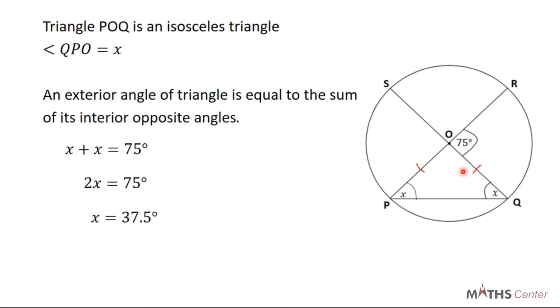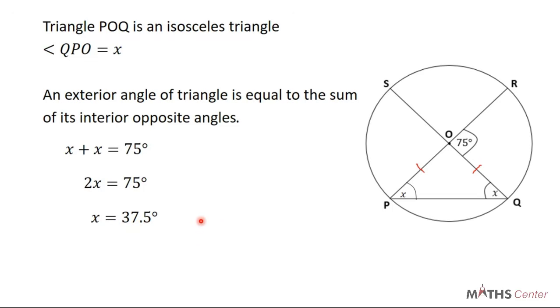Once again, this is one way of solving the question. Somebody can also choose another way to solve the question. All that matters is that you study the diagram very carefully, then you pick the properties that will help you to solve the question. So try finding the value of S using another property and see if you're able to arrive at the answer, which is S is equal to 37.5 degrees.